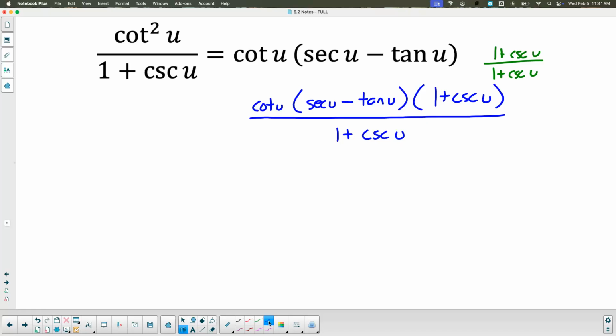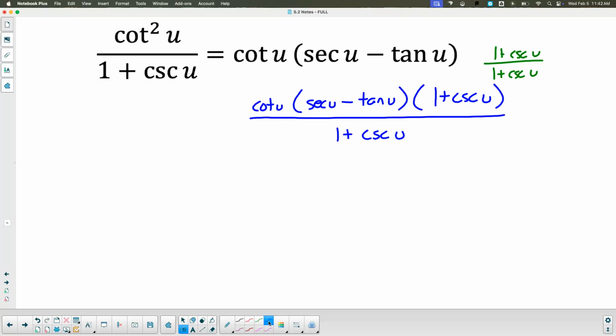Wait, wouldn't you take that's 1 plus 1 over sine, you put them both in, you fix them, and then what do you mean fix them? Put them in sine and cosine, because the secant and the tangent end up going to 1 minus sine over cosine, and you distribute across and leave the cotangent.